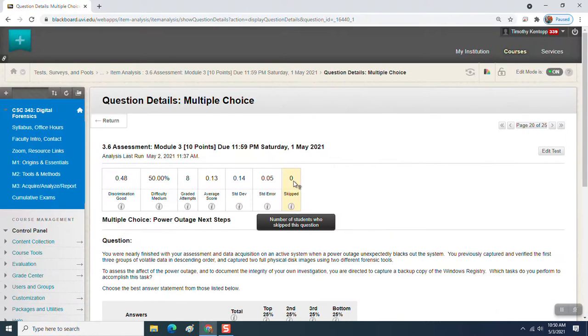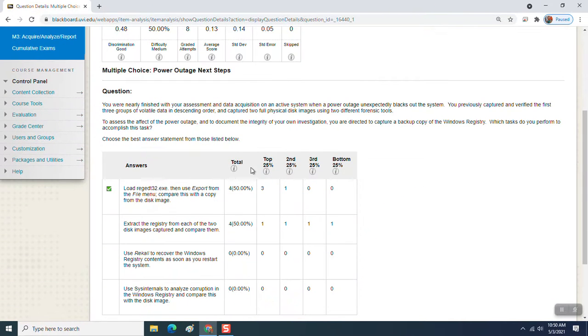Power outage next steps. You were nearly finished with your assessment and data acquisition on an active system when a power outage unexpectedly blacks out the system. You previously captured and verified the first 3 groups of volatile data in descending order and captured 2 full disk images using 2 different forensic tools.